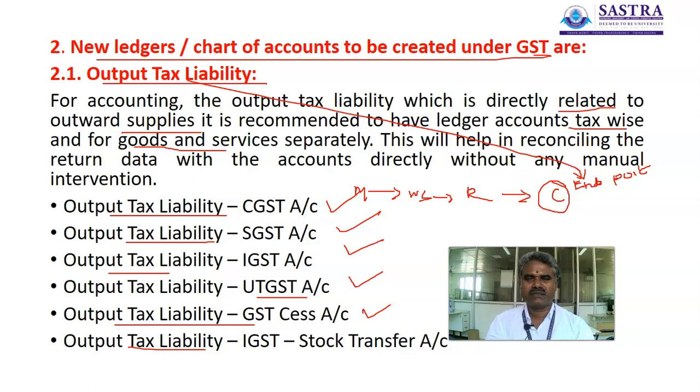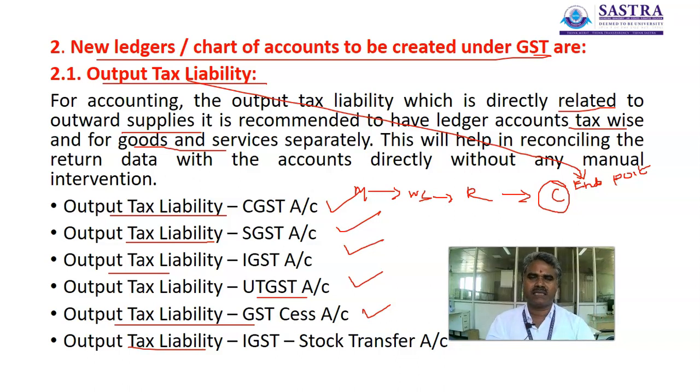All of you know GST is a dual tax system. We have to collect two taxes from the customer. One is CGST, which is for the central government. The other is SGST or UTGST, which is for the state government as well as the union territory. So we need to pass the entry for both in a combined manner.